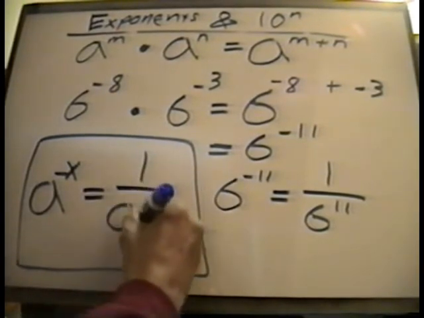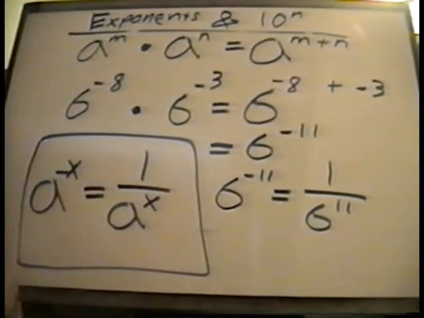So a to the power of a negative x is equal to 1 divided by a to the power of a positive x. There's another rule. You need to write this down.